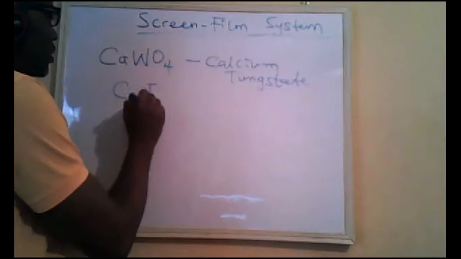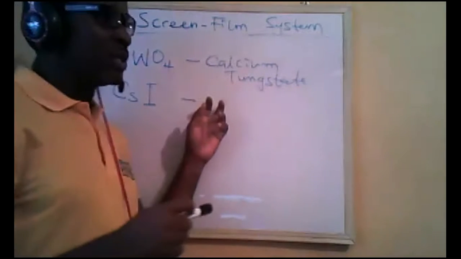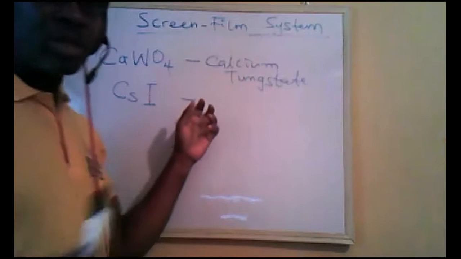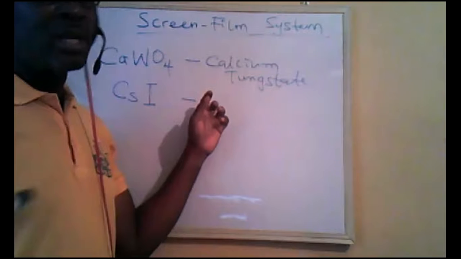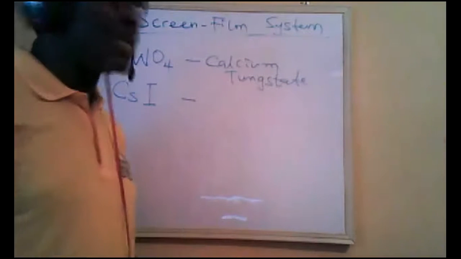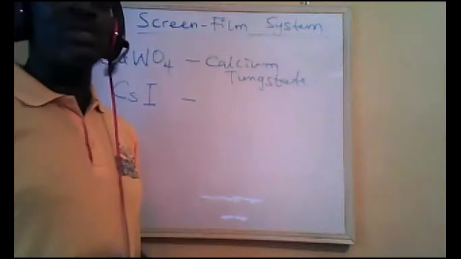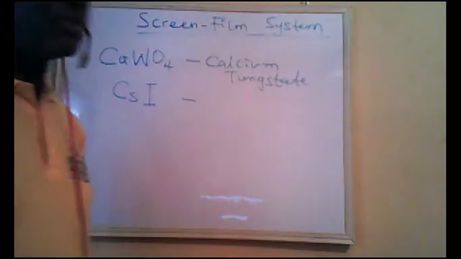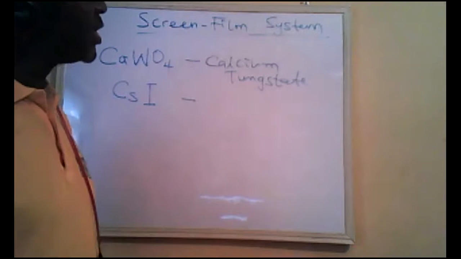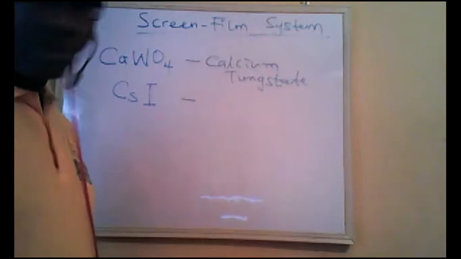cesium iodide. This one is very, very hygroscopic. It doesn't work in a moisture environment. It doesn't want the moisture. Moisture can actually destroy it. So therefore, we cannot use it in the screen film system because in the screen film system, we want to develop the film. The film has to be developed inside liquid, which of course is made up of water.